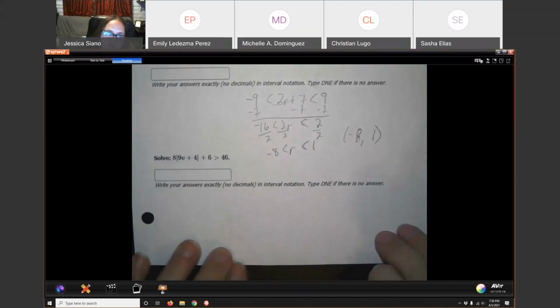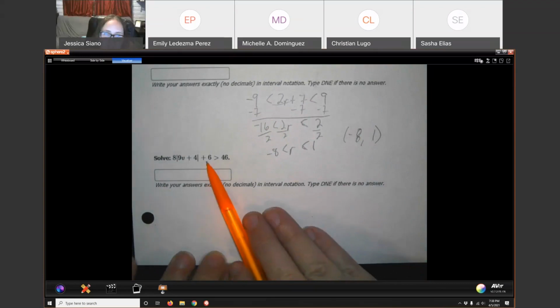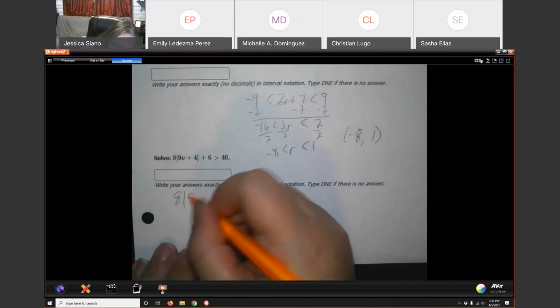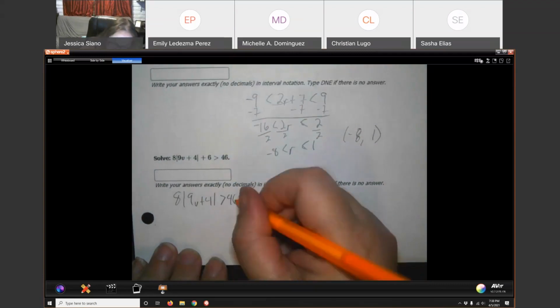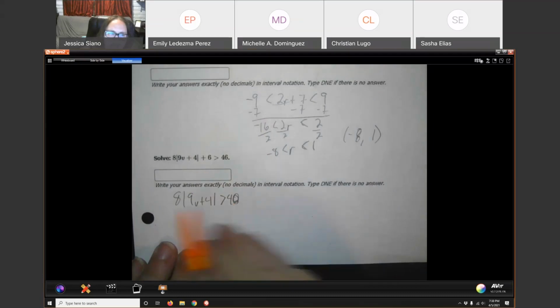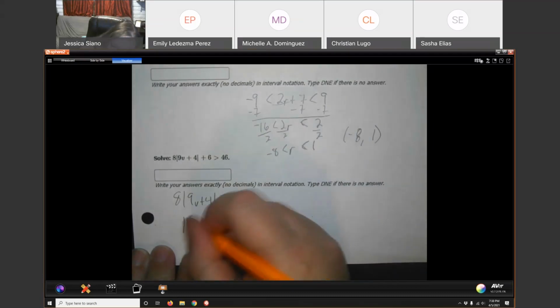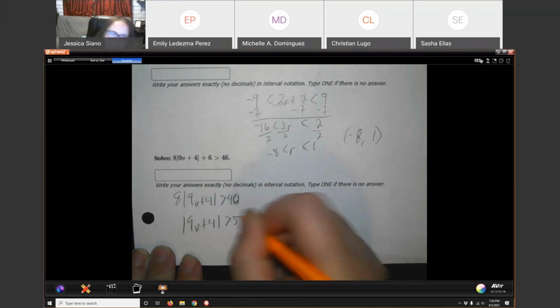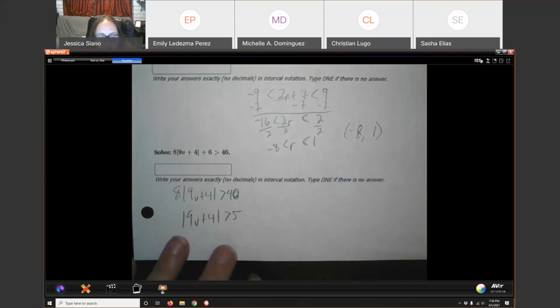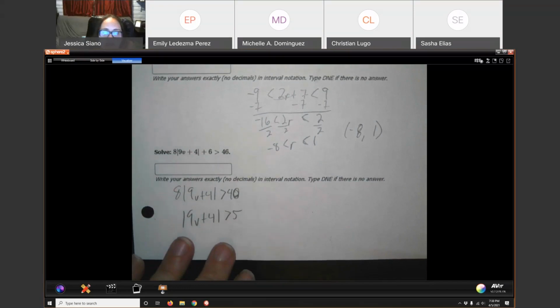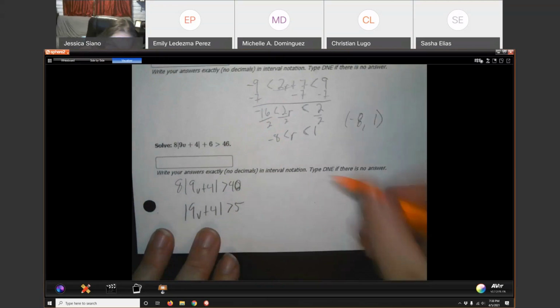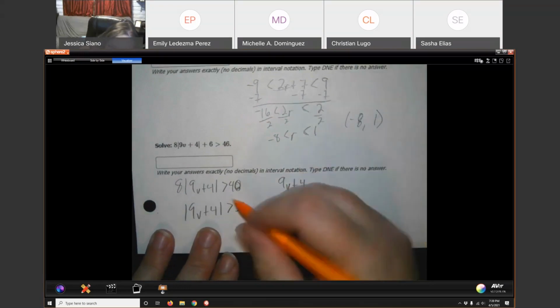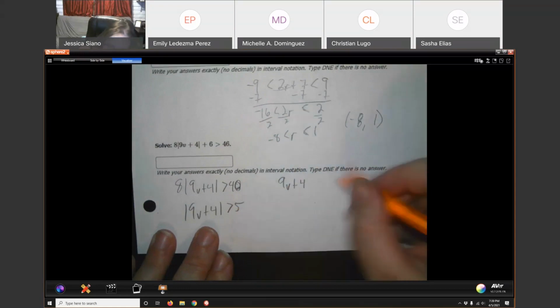And so then for the next one, before I can worry about the inequality, I have to get the absolute value by itself. So I'm going to do that by subtracting this 6. And then dividing this 8. And now that my absolute value sign is alone, when you have a greater than, you split this into 2 separate inequalities. 9b plus 4, you flip this sign and you make this negative.